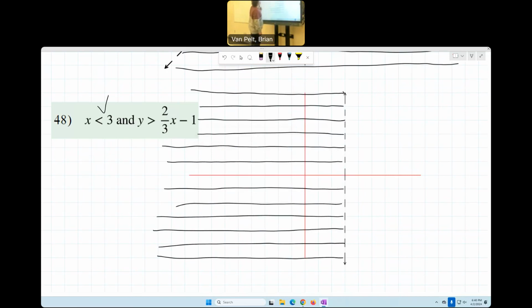Next, this one. What should I do? What should I lay down first? Where should I put my first point? 0, -1. Go down 1 unit here.